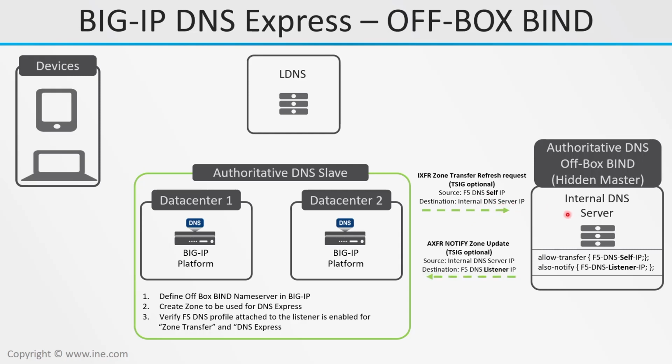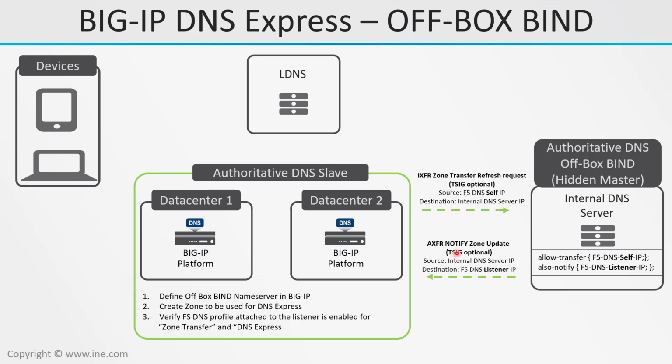Okay, so if the internal DNS server has the allow-transfer statement and allow-notify message, this would be the source for allow-transfer, and then allow-notify would be the destination. So if that's correct, then it will send or approve that transfer request.